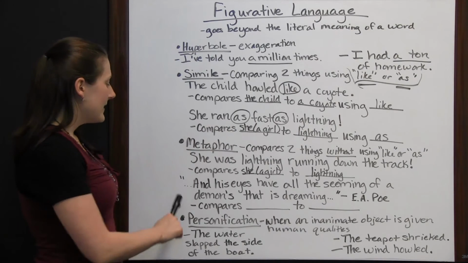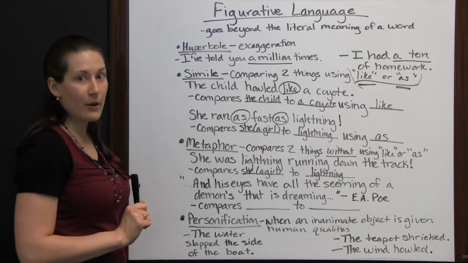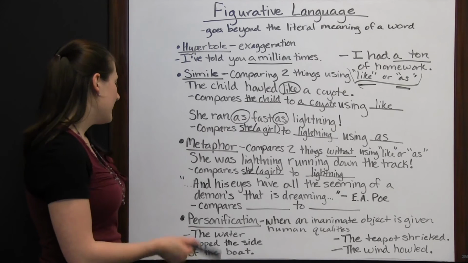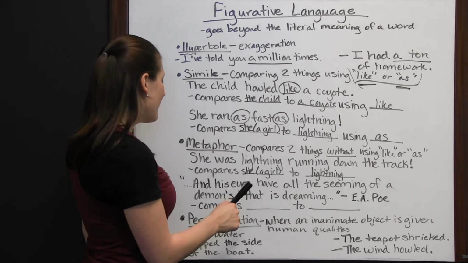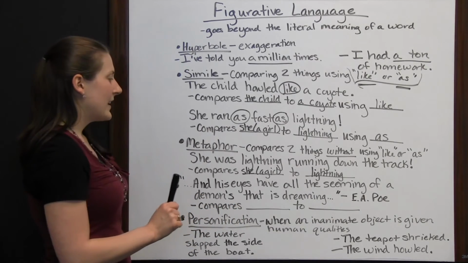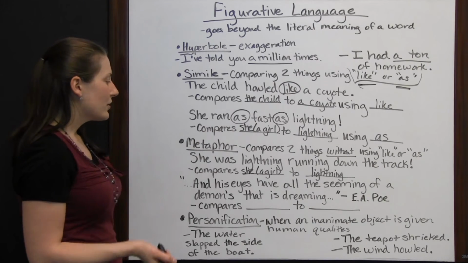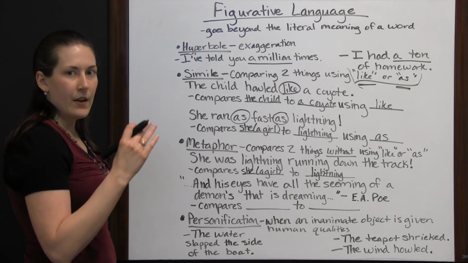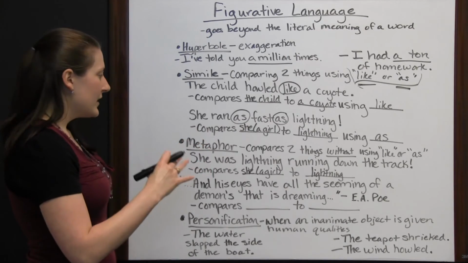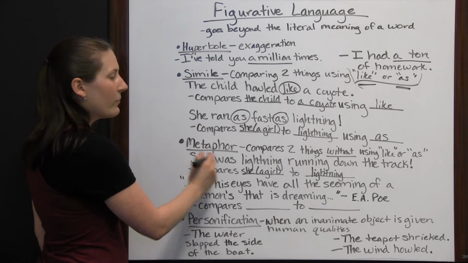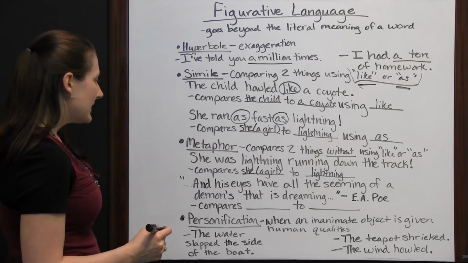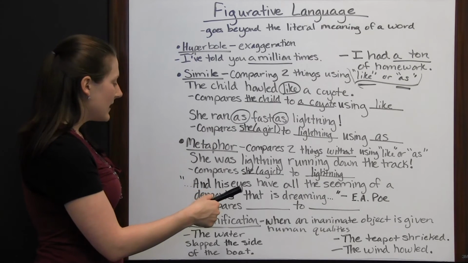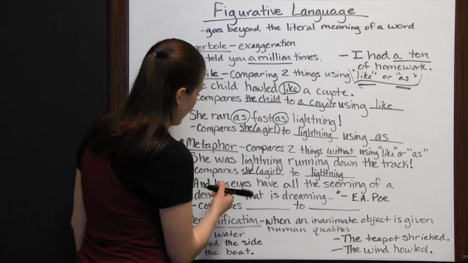Let's look at this. And this is an excerpt from Edgar Allan Poe's poem, The Raven. And his eyes have all the seeming of a demon's that is dreaming. Now this one's a little trickier because it doesn't just come out and say, this was this, or this is this. Like here it said she was lightning. But it says that his eyes have all the seeming of a demon's that is dreaming.